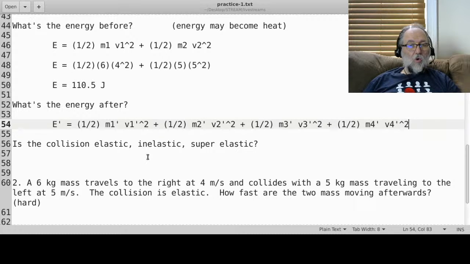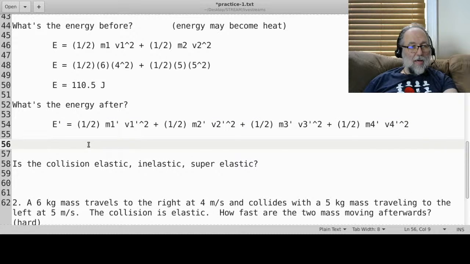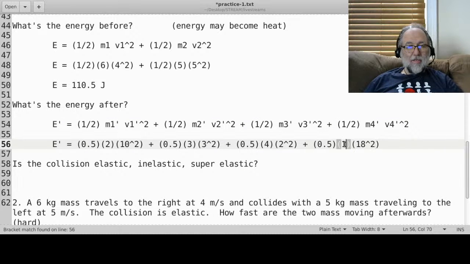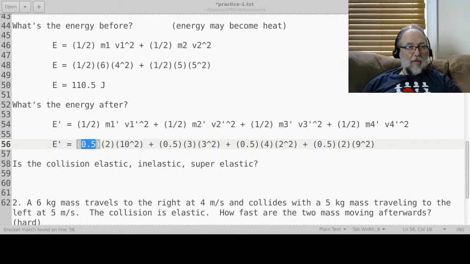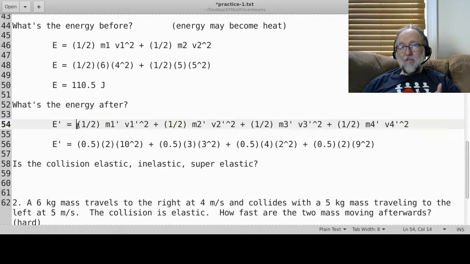So substituting in, we have this, but give me 1 second because that should have been a 2, and that should be a 9. Okay, so let's see what I did there. 1/2, I just wrote that as 0.5. The first piece was 2 kilograms traveling at 10 meters per second. That's the first piece after the collision. So all of this is after the collision.